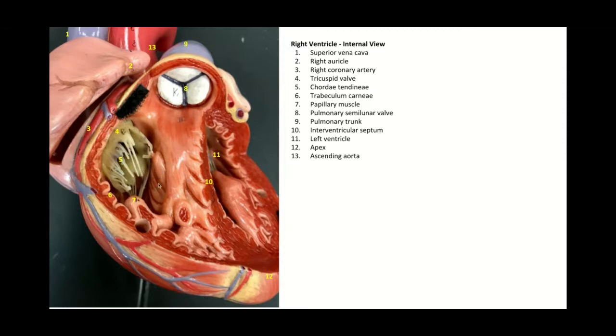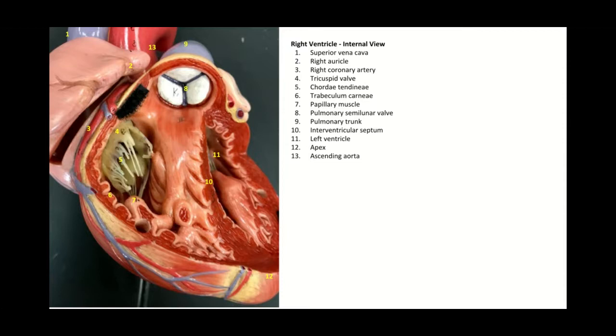Here you have right ventricle, and number 11 is left ventricle. In right ventricle, we have some structures. First, you can see number 7. Number 7 are 3 bulging large muscles in our right ventricle. We call them papillary muscle.